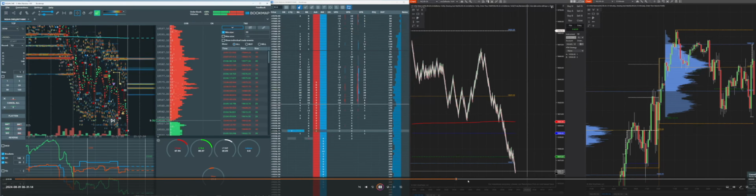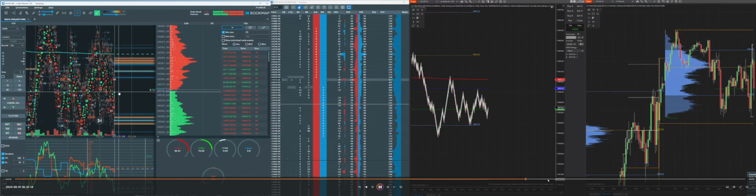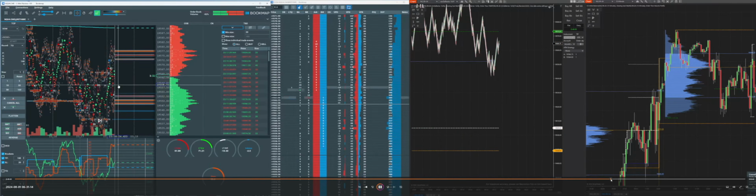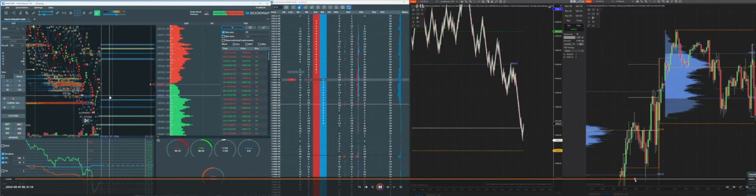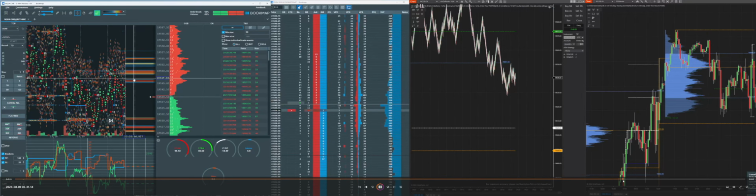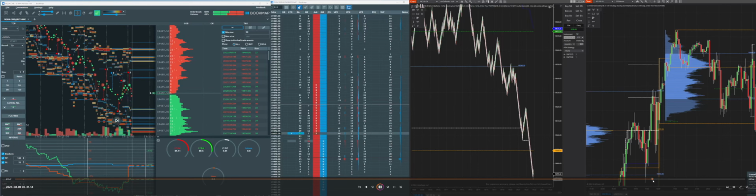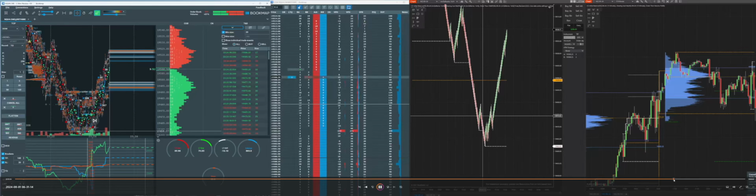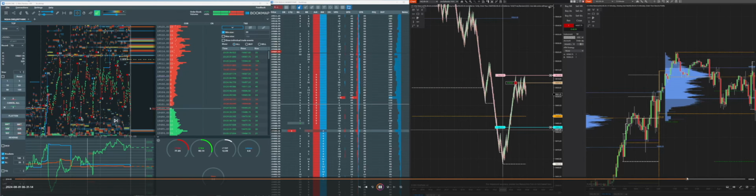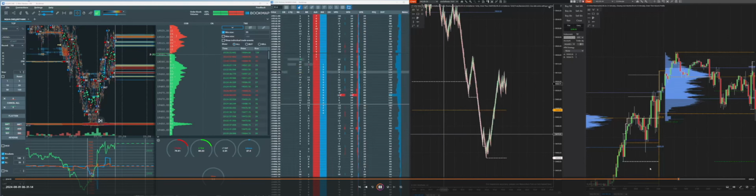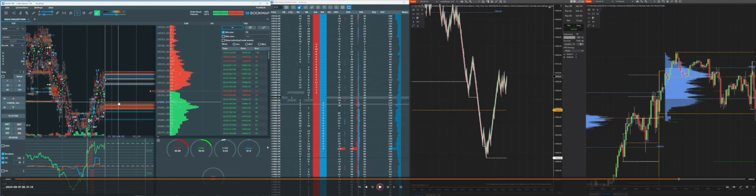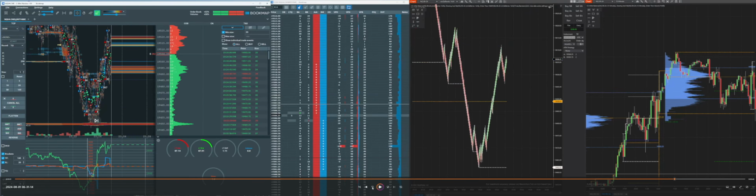And the next trade I took was kind of interesting because, let's see if I can find it right here real quick. What I found really interesting is right here, you're going to see a big iceberg that was formed. Let me see if I can come back and find it in real time.